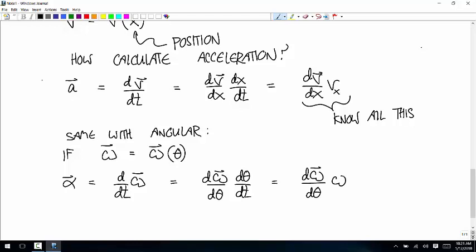So when we start doing problems like that, I'll give you plenty of examples. I guess let's just stop there for now. Any questions about chain rule?